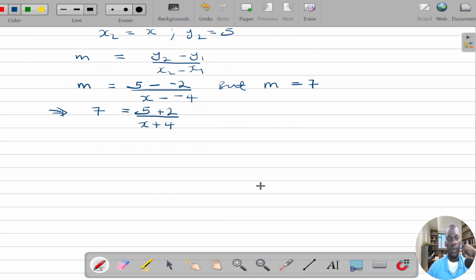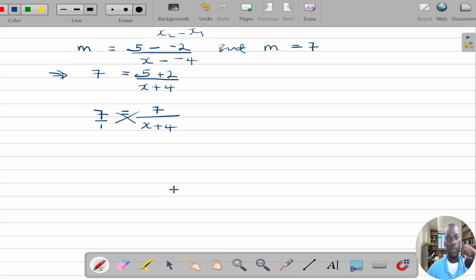Let's simplify further. So we have 7 equals 5 plus 2, which is 7, divided by x plus 4, and this is out of 1. The next step here, we are going to cross multiply.